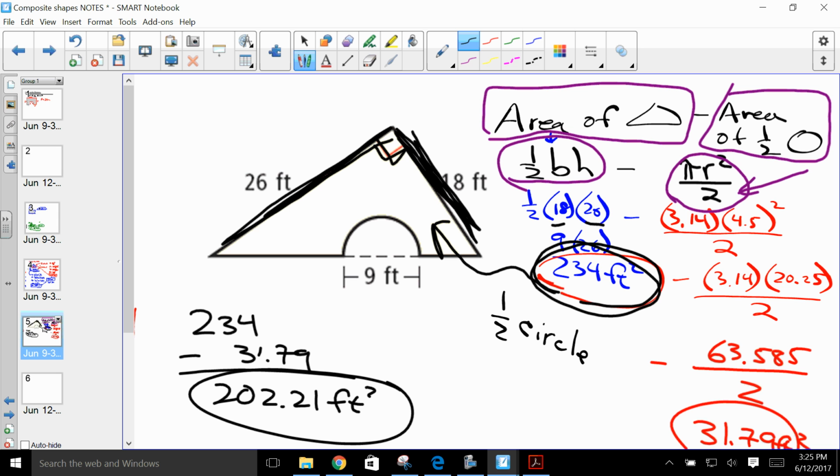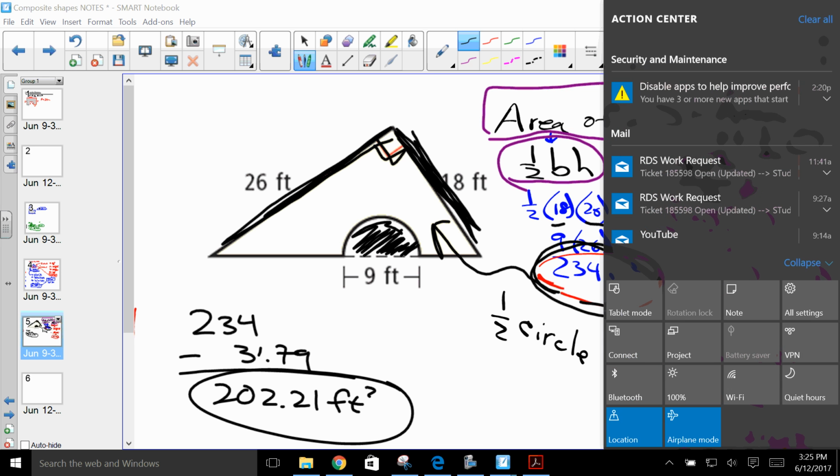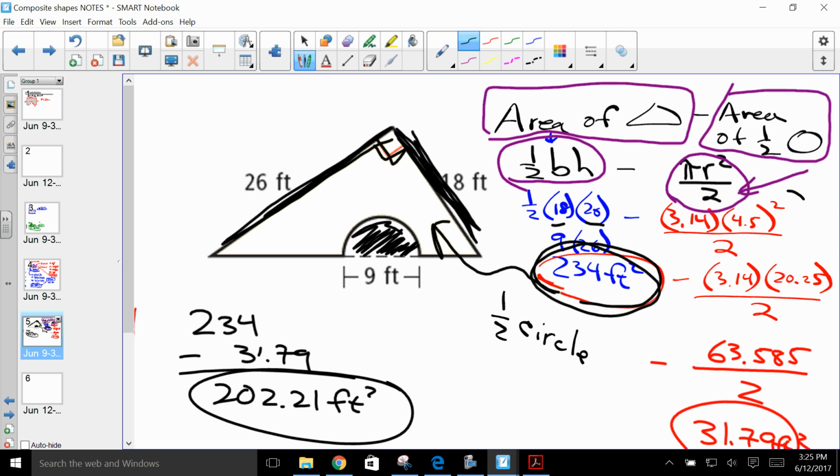We have this empty cavity, in the shape of half a circle, which is why I have to subtract half a circle. So pi r squared.